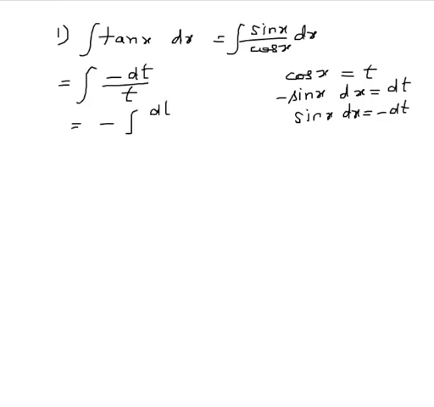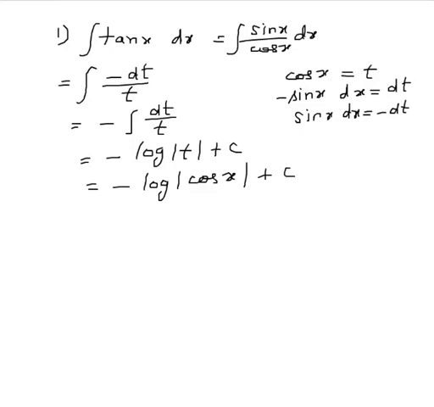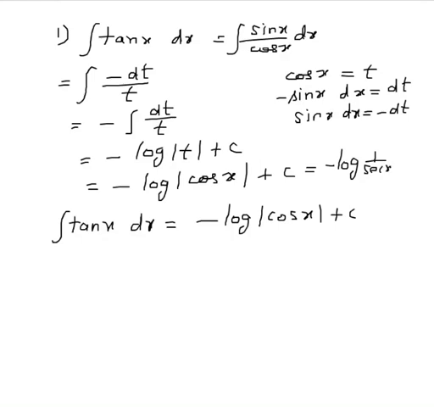Minus can be taken outside the integral. Integral of 1 by t is log of absolute value of t plus c. Now substitute for t. t is cos x. So the formula for integral of tan x dx is minus log of absolute value of cos x plus c, or I may write cos x as 1 by secant x.